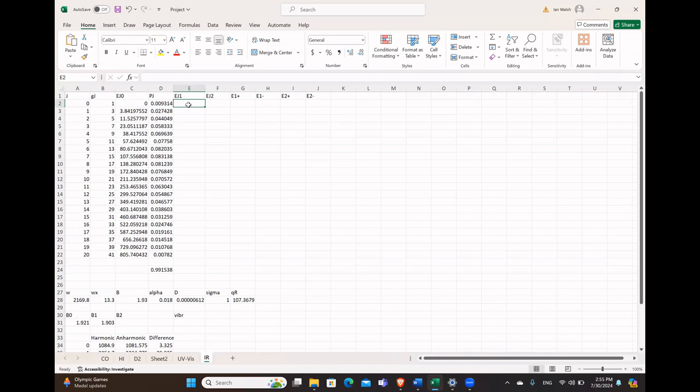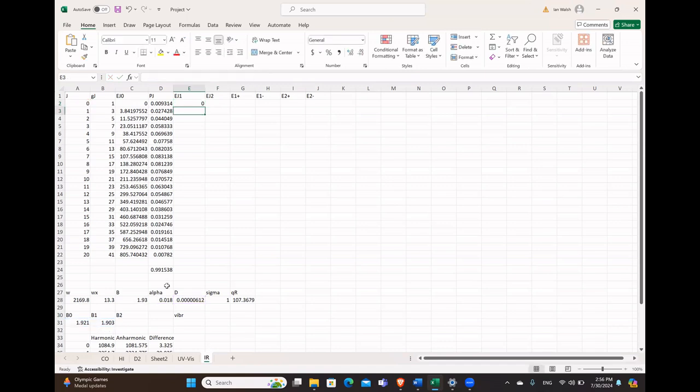And to do this, again, pretty straightforward. We just calculate the energy. So this EJ1 is the same as this EJ0. So we can even just copy this, except for what we're doing here is this is going to be the energy associated with the first vibrational excited state. So instead of using B0, we're going to want to use B1.